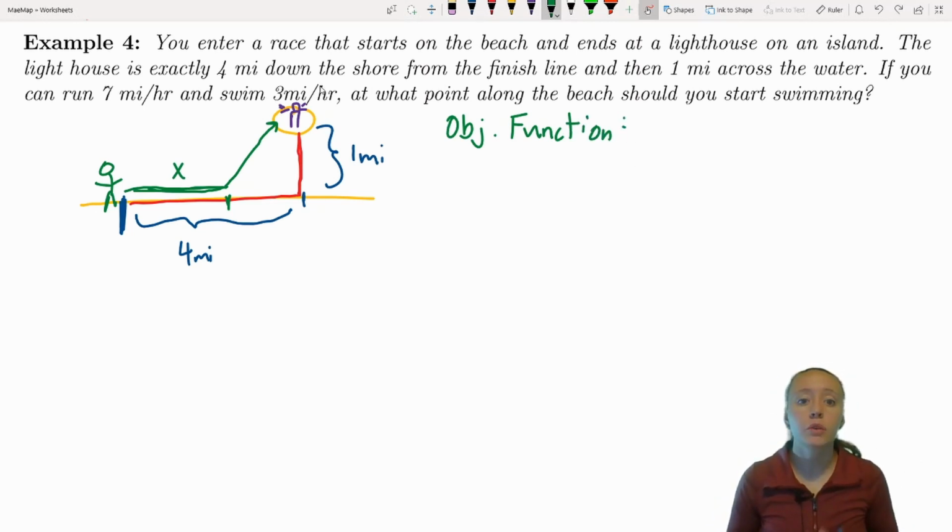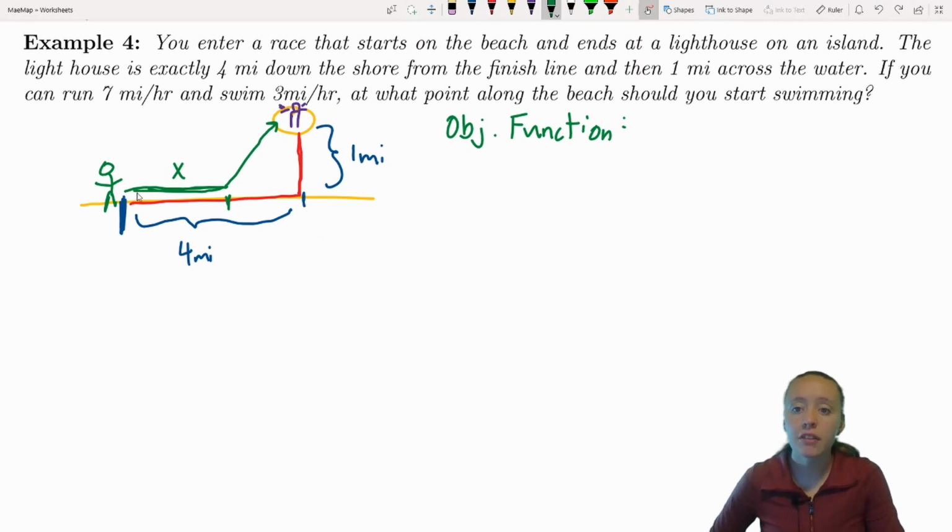We know that our goal is to minimize time, because if this is a race, we want to make it as quick as possible. And we're given distances, and we're also given rates at which we can accomplish different tasks. So if we know that the length of the shore is 4 miles, we need to figure out that point along the beach that we should start swimming in order to minimize our time.